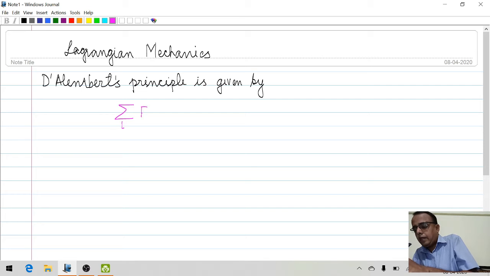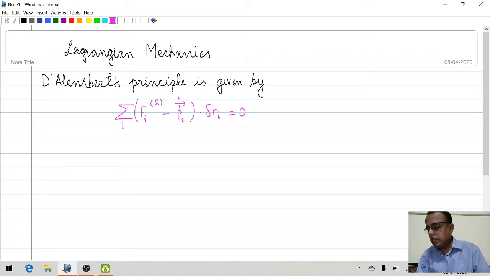summation over i (Fi^a minus Pi bar dot) delta Ri is equal to 0. All of you know that this principle is also called the principle of virtual work.